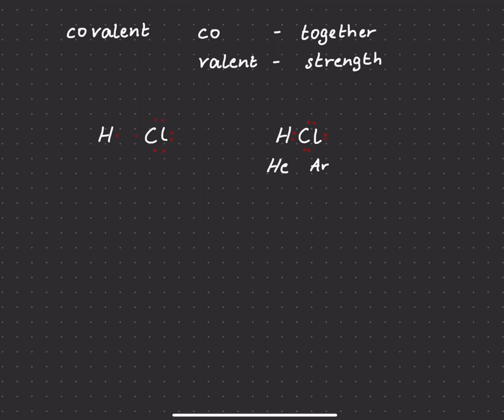Or an even simpler covalent bond of hydrogen is hydrogen with hydrogen. So if we bring 2 hydrogen atoms close together, we have one electron from one hydrogen and another electron from the other hydrogen.